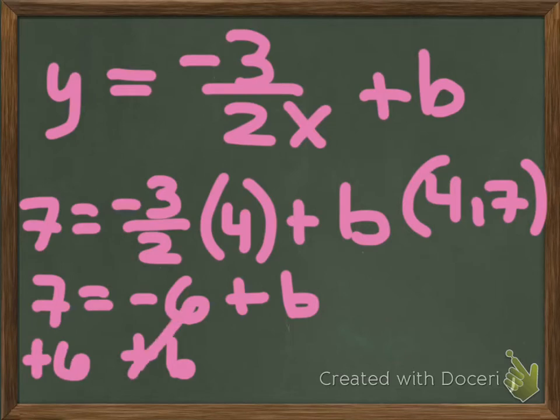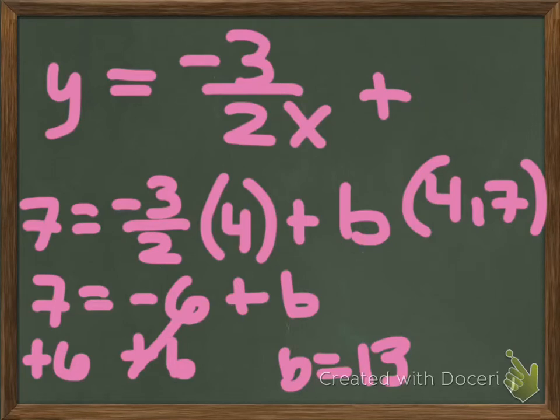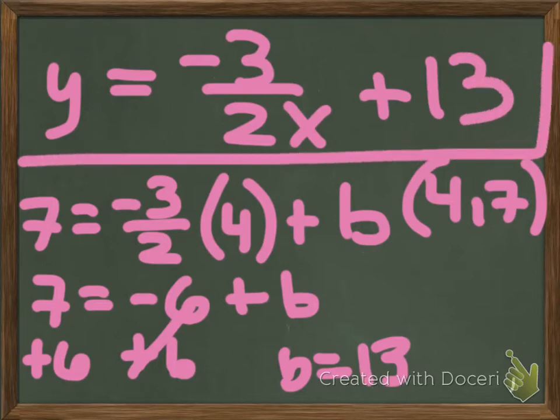So b would be 13. If I put it all together in slope-intercept form, I'm going to have my perpendicular slope, which is negative 3/2, and then I'm going to plug in 13 for b. So my equation looks like this.